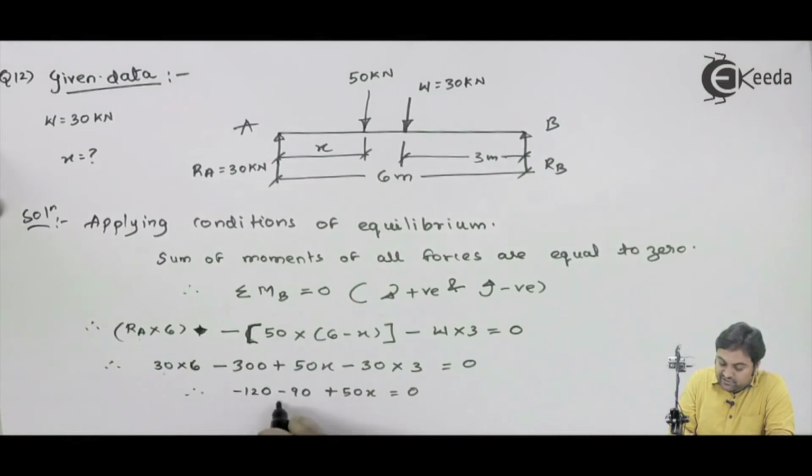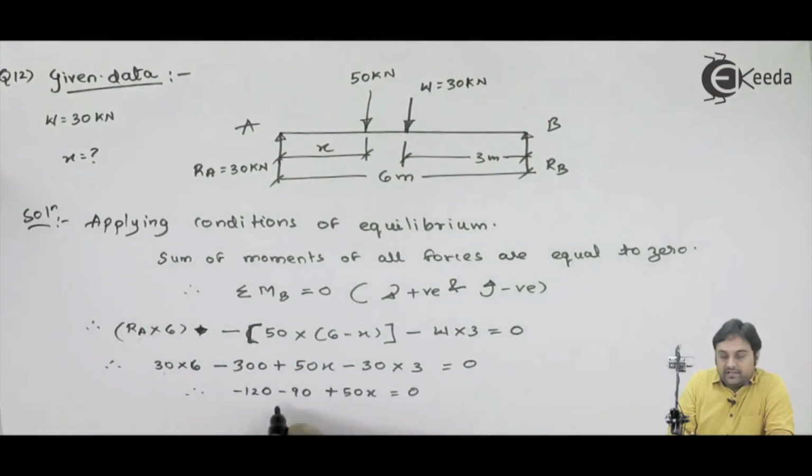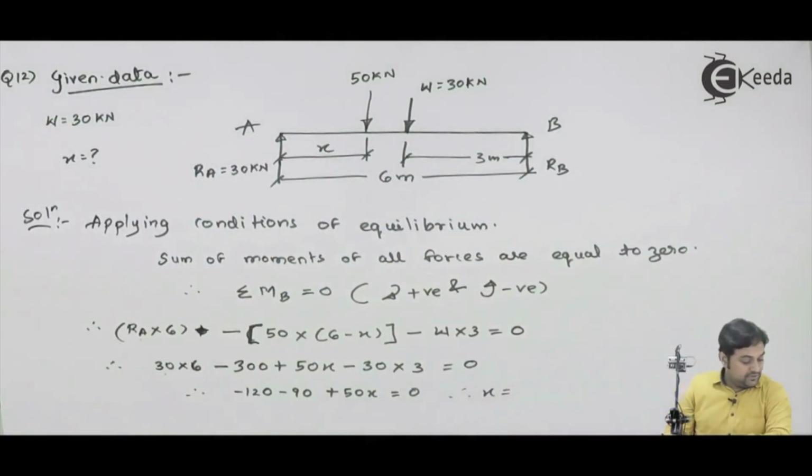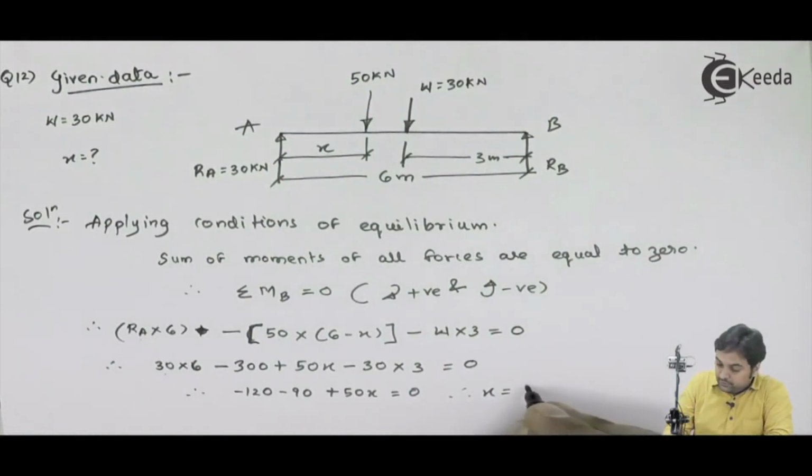If I calculate this, this will be minus 210. If I shift it onto the other side, so plus 210 divided by 50. Therefore, x is equal to 4.2 meter.